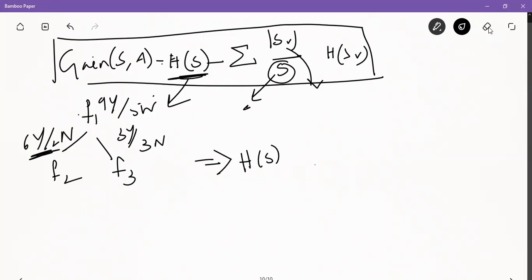So let's say the total number of samples will be 14, 9 plus 5, 14.